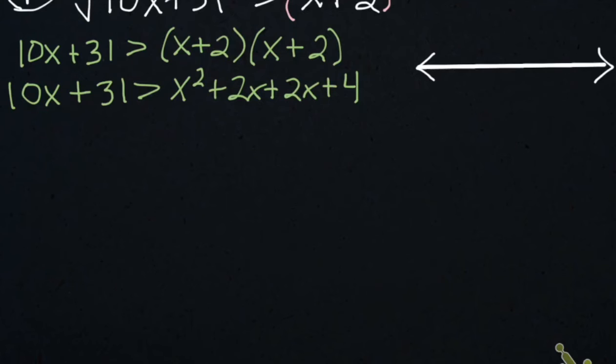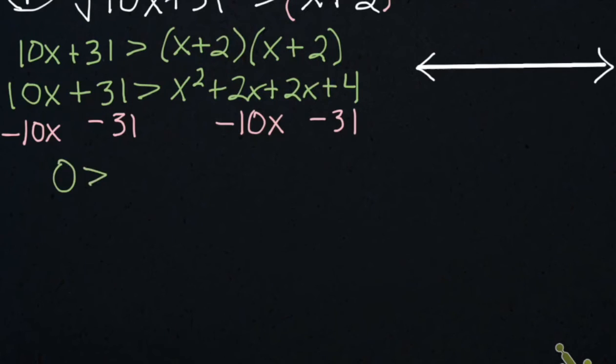Now, same thing as before, it's a quadratic, so I have to move everything to one side in order to be able to factor. So I subtract the 10x and subtract the 31. So I have 0 greater than x squared, 2 plus 2 is 4 minus 10 is minus 6x.